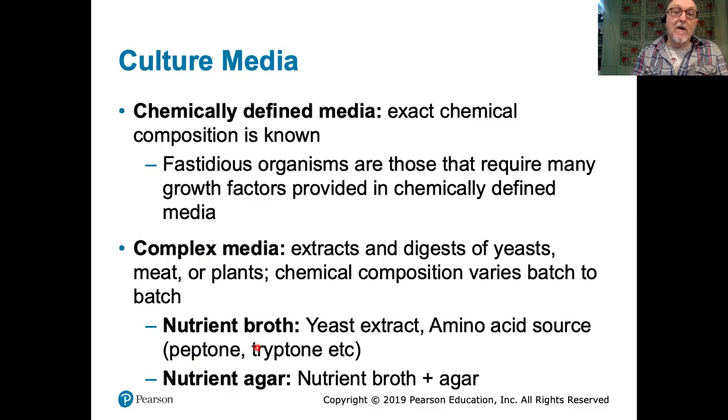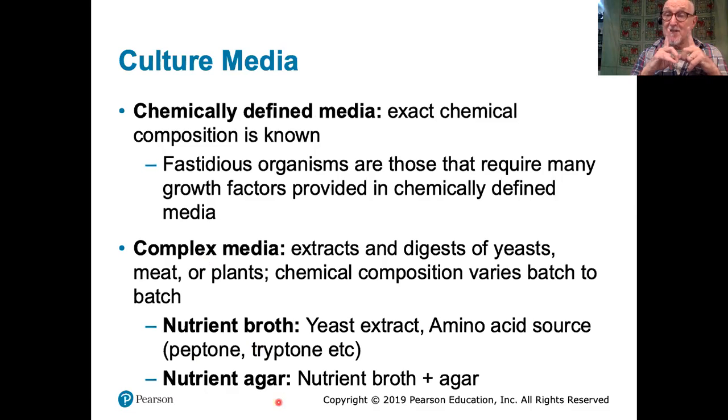Okay, so as far as the culture media are concerned, the first thing is that there are two groups of media. The first kind of medium is one where we know exactly what is in the medium. For each component, we have weighed it out.